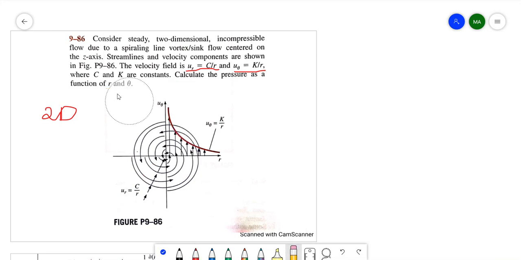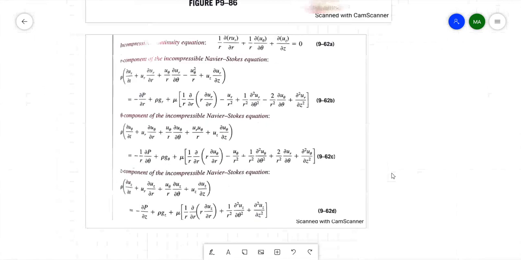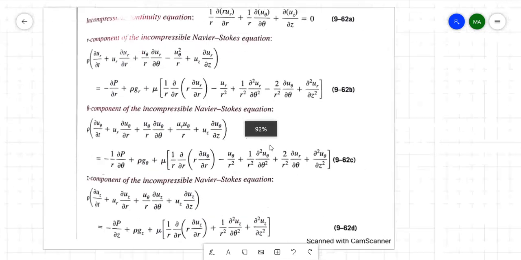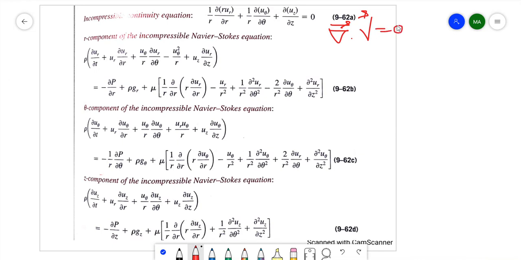So let's start. The Navier-Stokes equation expansion in cylindrical coordinates is in these forms. If you want to do them, you can do the math. The continuity equation for incompressible flow is the divergence of the velocity equal to 0.